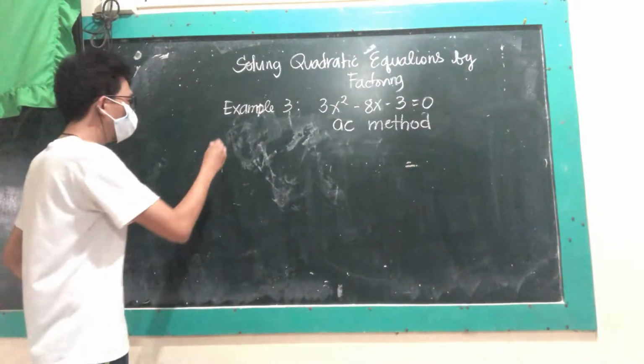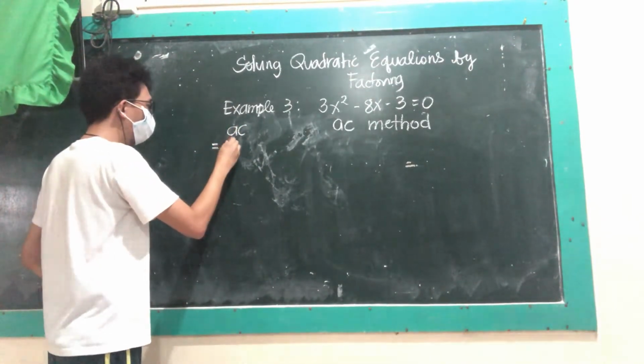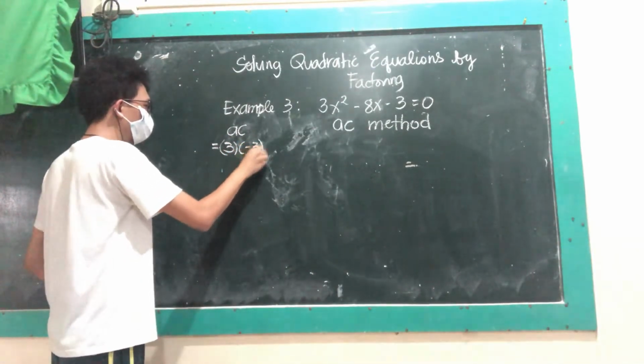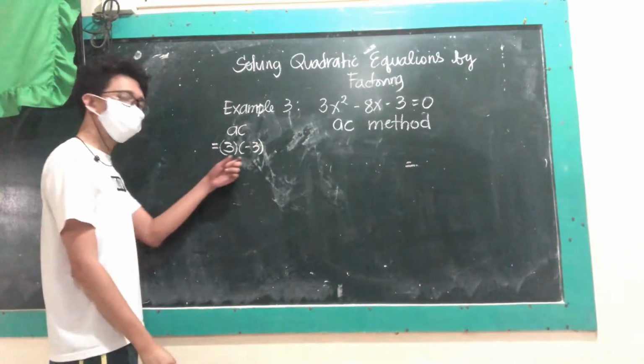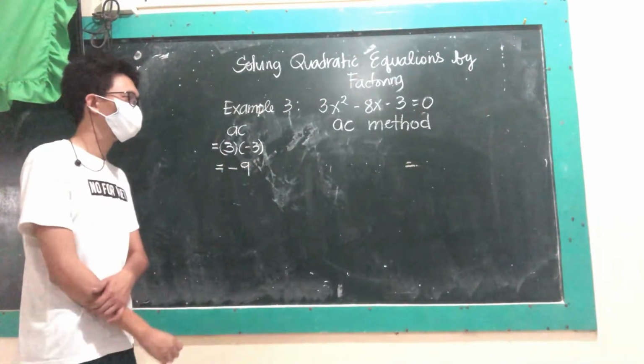So we have here, since we follow the AC method, A in this case is 3 and C in this case is negative 3. So 3 times negative 3 is equal to negative 9.